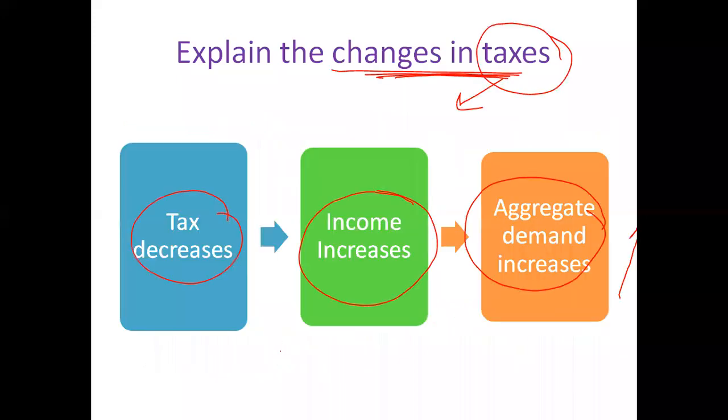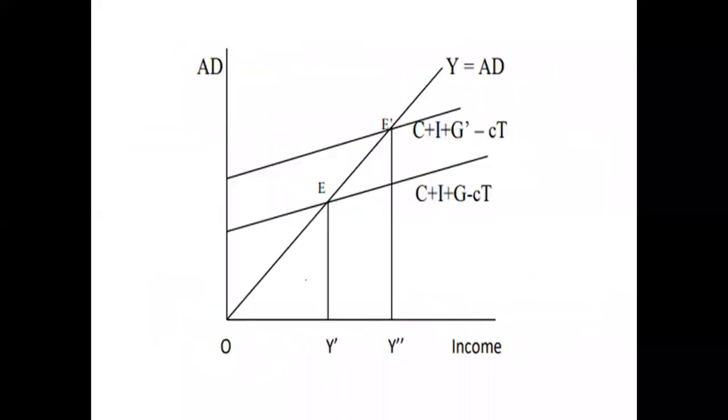Then we studied this in the form of a chart, where we said that because taxes are reduced, aggregate demand has increased. So a new aggregate demand curve is formed here, and a new equilibrium income is formed.